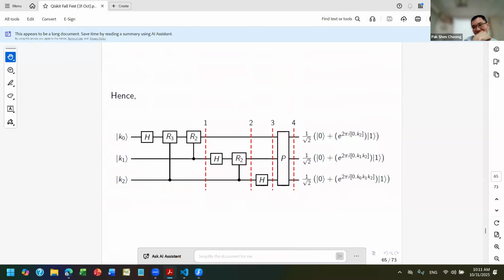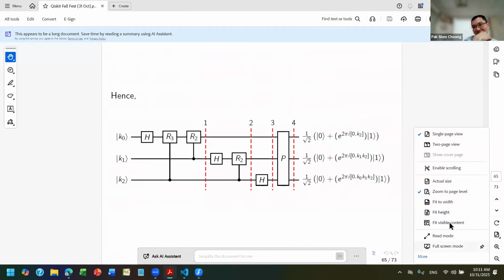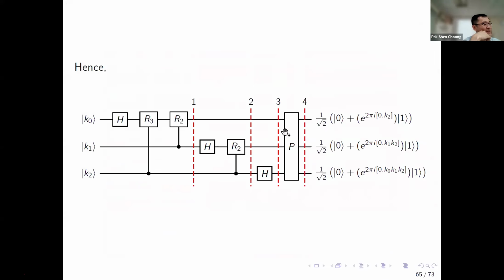So that will be the first part, which is the Fourier transform. Do you guys need a rest? Mhm.